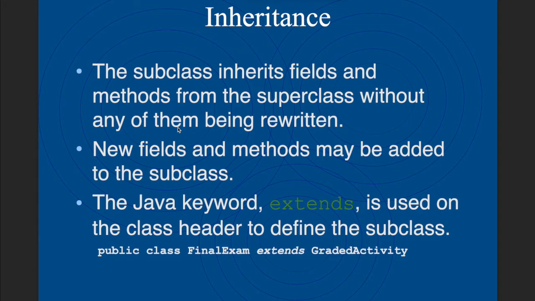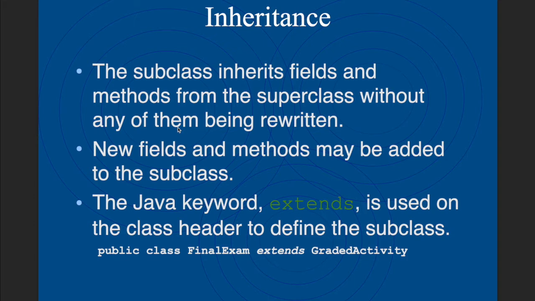So the subclass inherits fields and methods from the superclass without any of them being rewritten. So we do not rewrite anything, it's not efficient, we just use what we already have in the existing class.